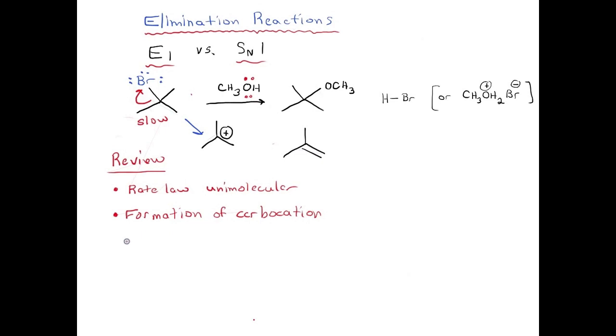And remember that the key factor that determines carbocation stability is that tertiary carbocations are more stable than secondary, which are much more stable than primary carbocations. So the E1 and SN1 reactions are always going to be faster for tertiary over secondary over primary.